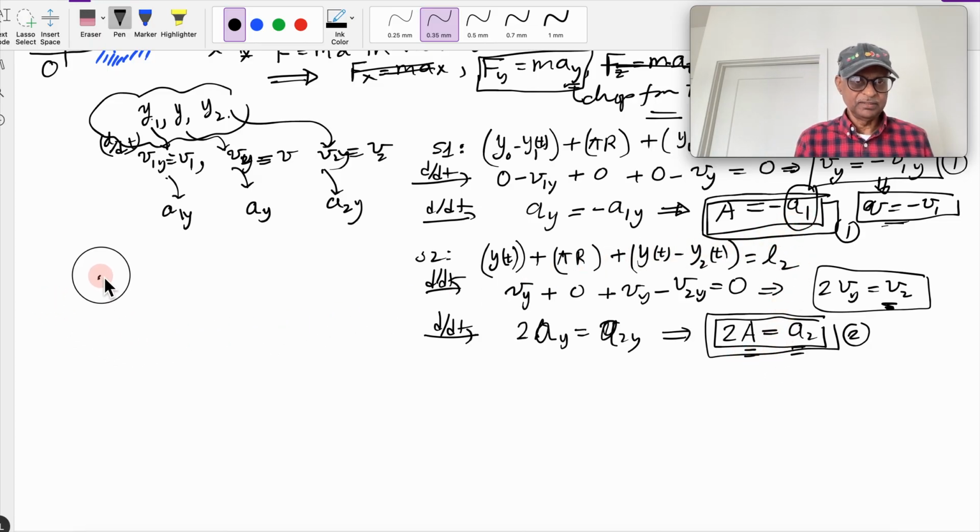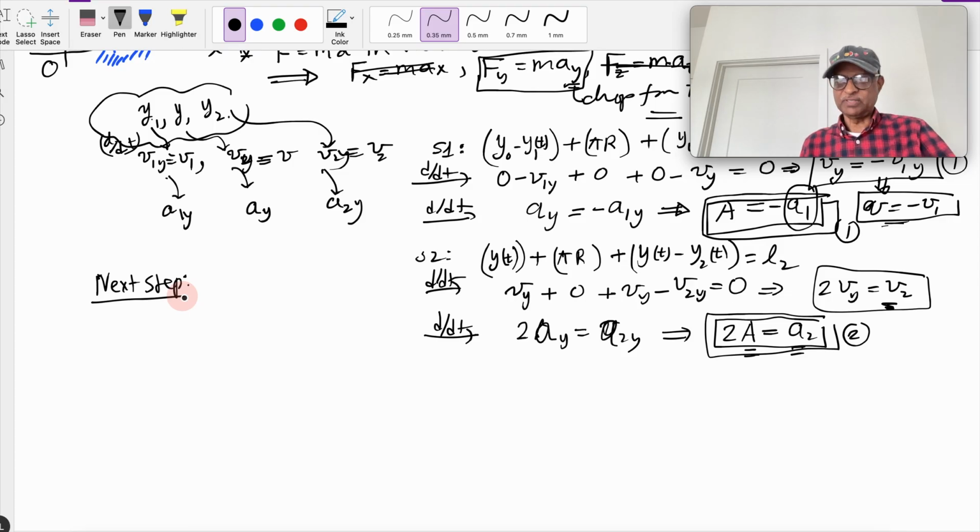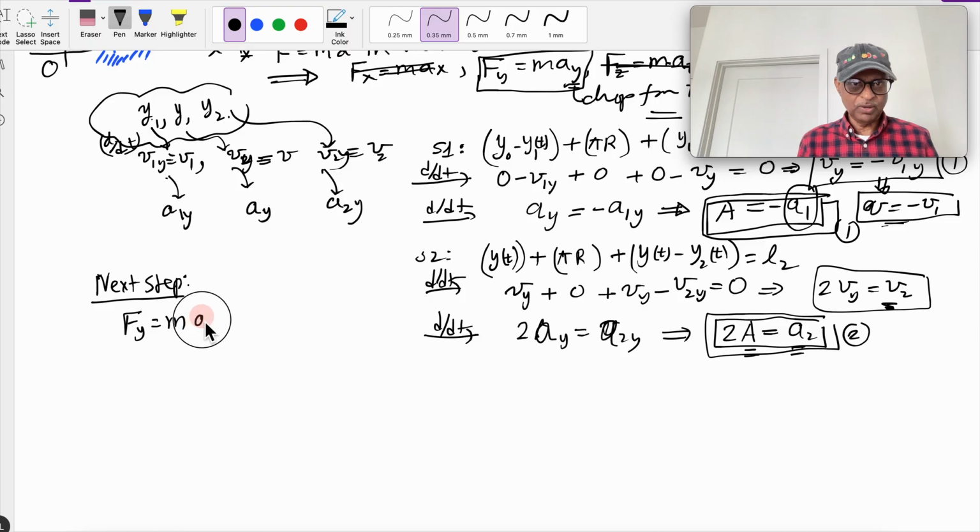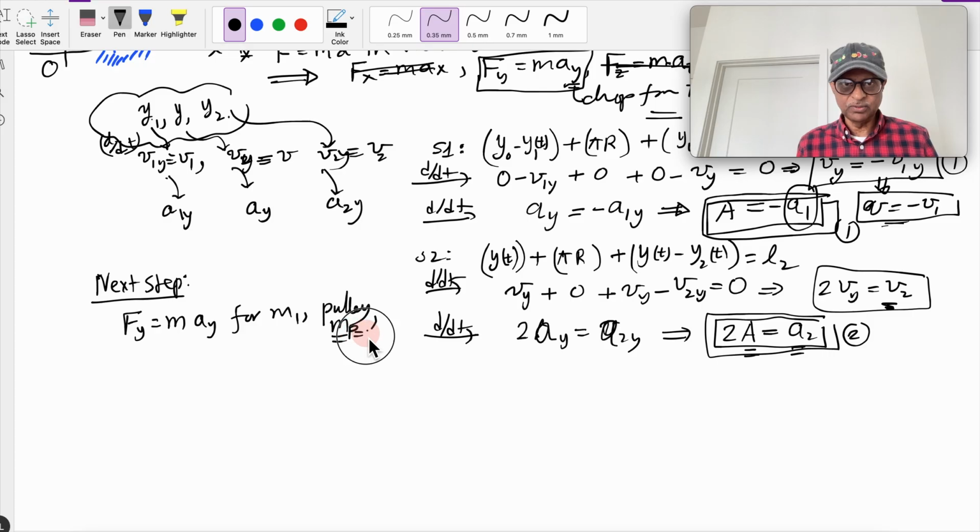So next step is to write F equals ma, F equals ma for m1, the pulley, and m2. All this mass is the pulley. I'm going to use this, but this is 0. Mass being 0 doesn't mean it doesn't have acceleration, okay? And m2. So let's try to write that.